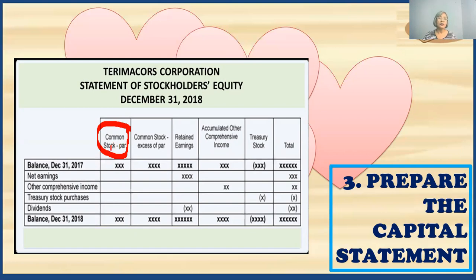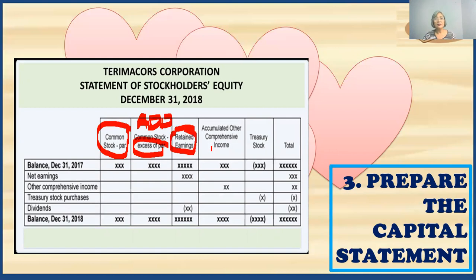So, ito yung common stock, ordinary shares of stock. Tapos, when you issue this in excess of par, so that is yung additional paid-in kanina. Tapos, retained earnings, I've already discussed that na yung mga income ng corporation dito ipinapasok.